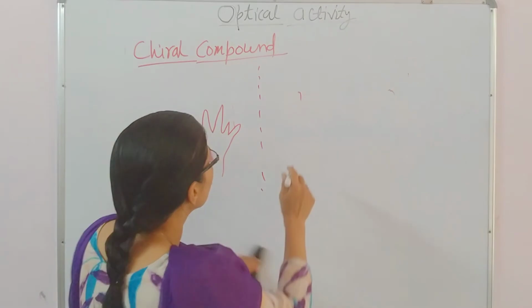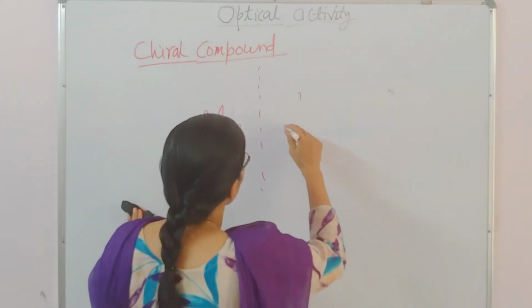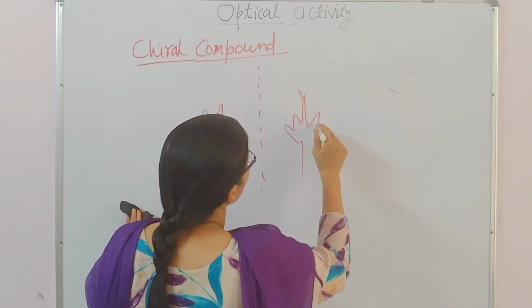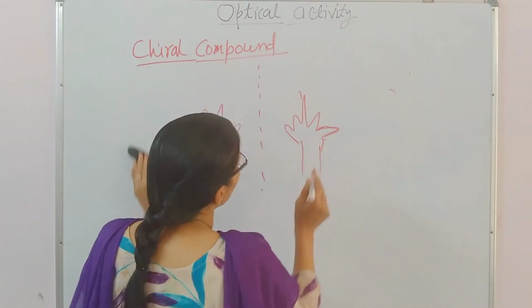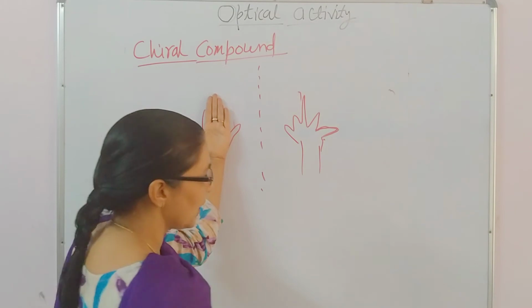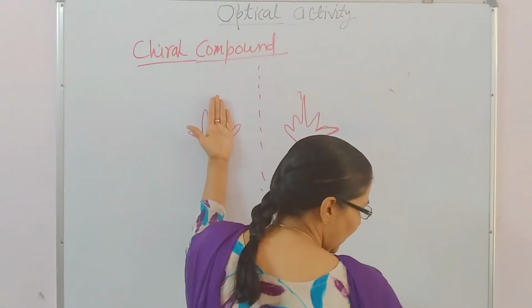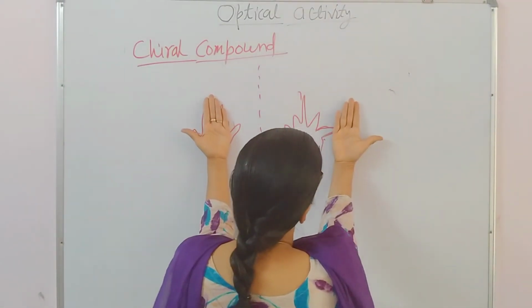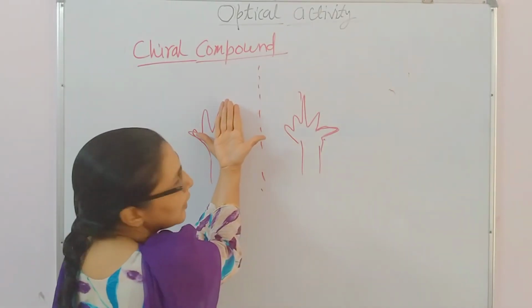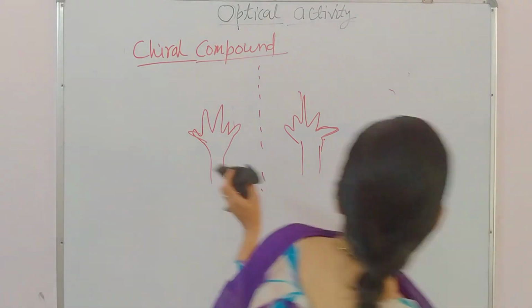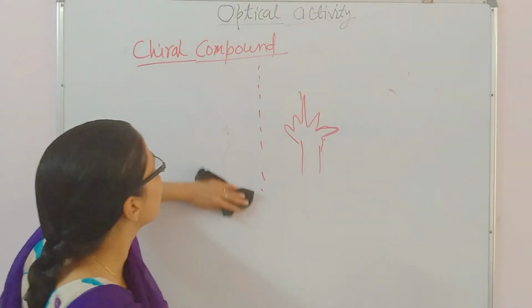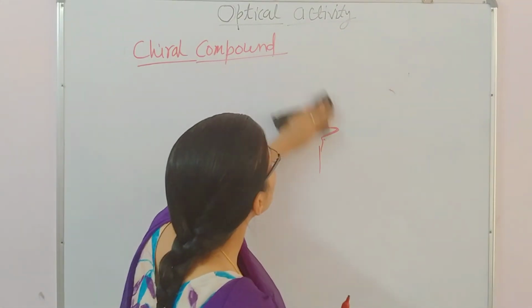Easily you can say that in this direction your thumb will remain on this side, and the mirror image will be in this manner. Definitely they are non-superimposable. So these things or objects are known as chiral objects.